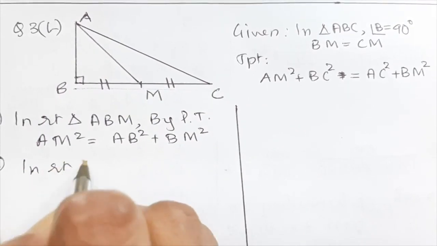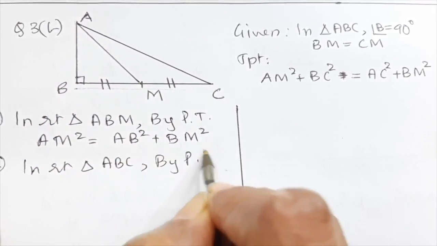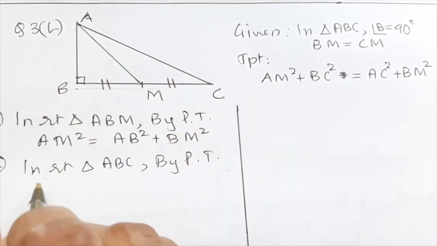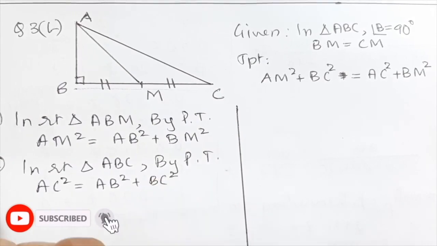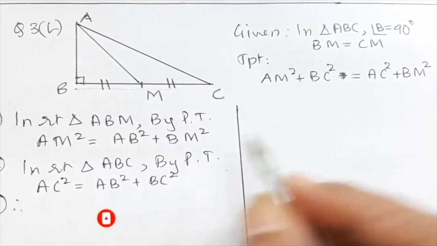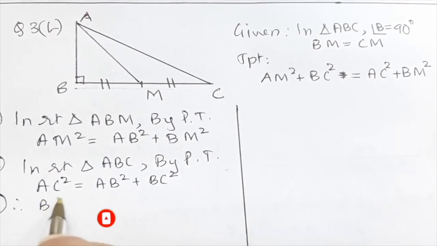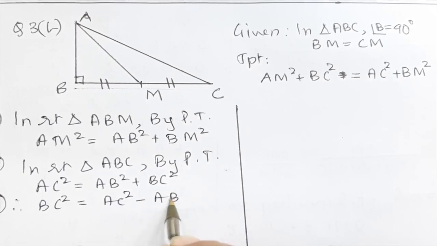So in right triangle ABC, by Pythagoras theorem, we will have AC square is equal to AB square plus BC square. And so statement number 3, we are not interested in AC square, we need BC square. So BC square is equal to AC square minus AB square.